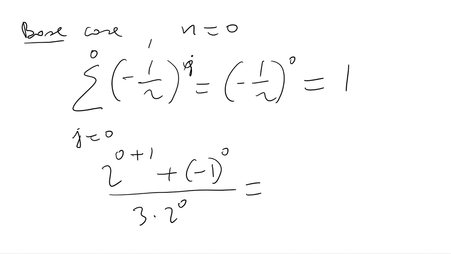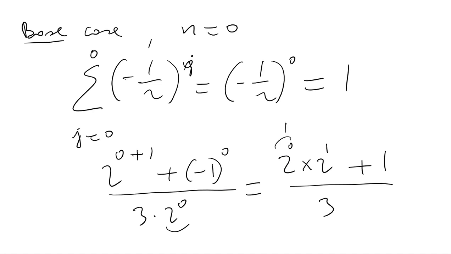So this is going to be 2, because 2 to the 0 is just 1, times 2 to the 1, plus 1 over 3, because this part is going to give you 1, and the denominator is 3 times 1.